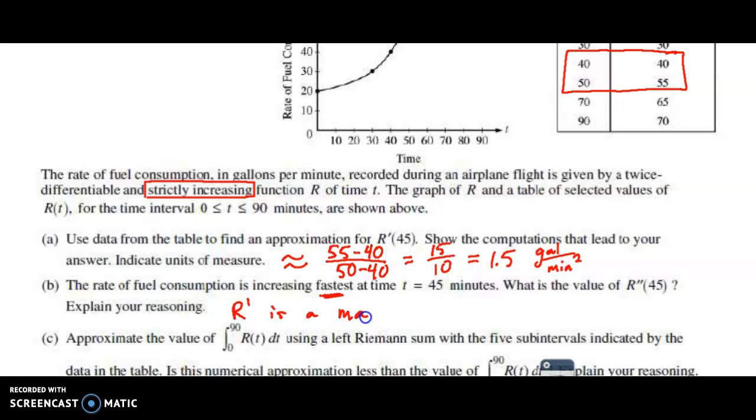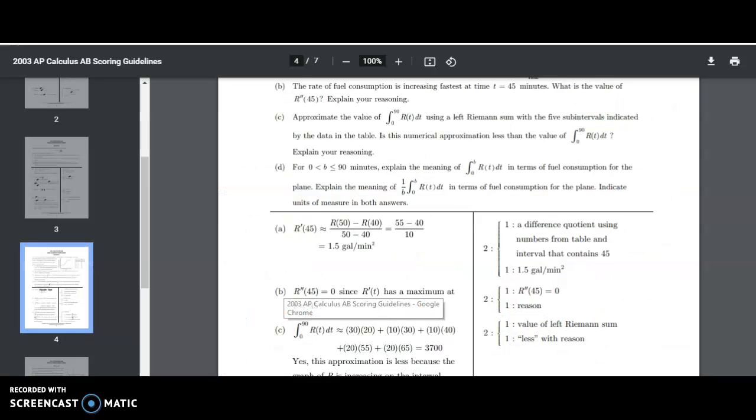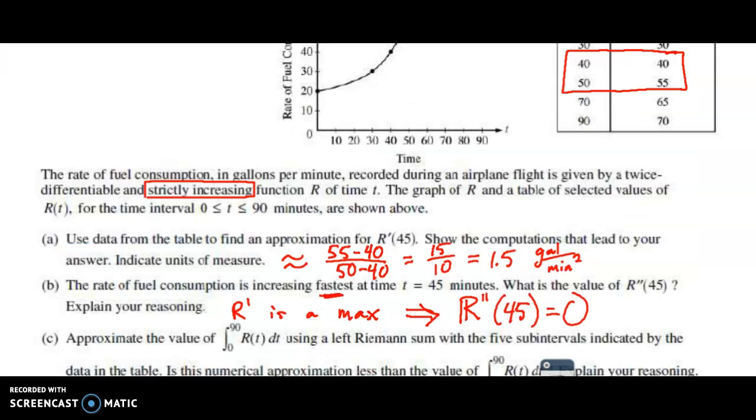Well, where does a max occur? That implies that the derivative of a max is equal to 0. Now, I quickly pulled up the answer key, and it talks about how because R prime has a max, then the second derivative must equal 0. Part of the reason why it must equal 0 is because the derivative does exist. If anybody wants a clarification on that.